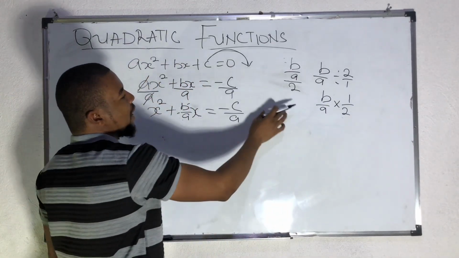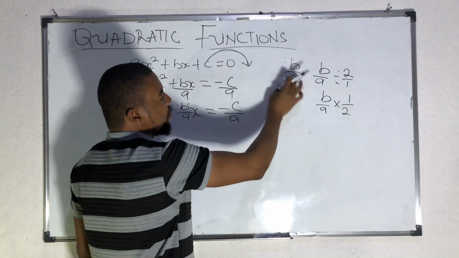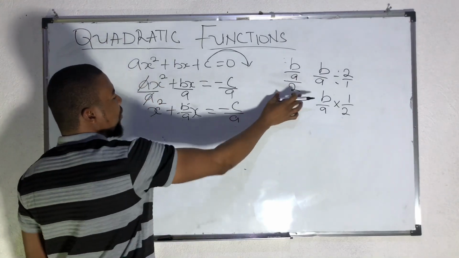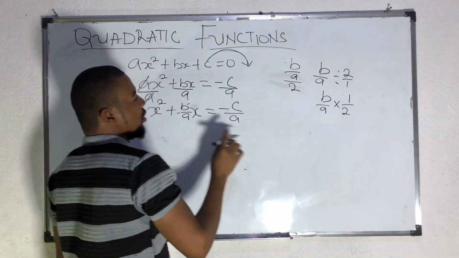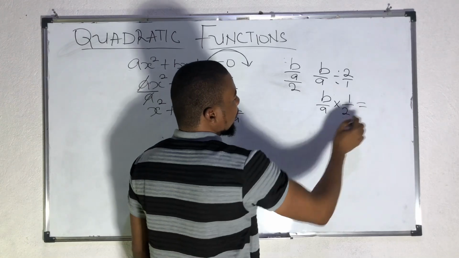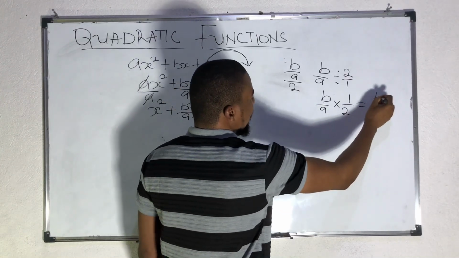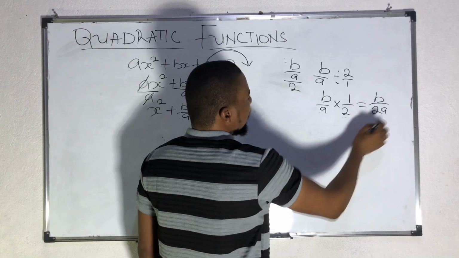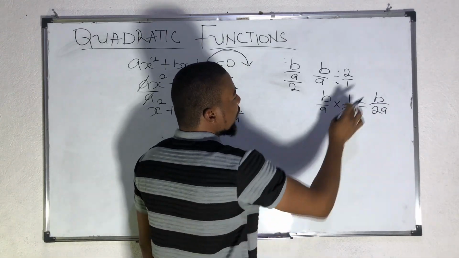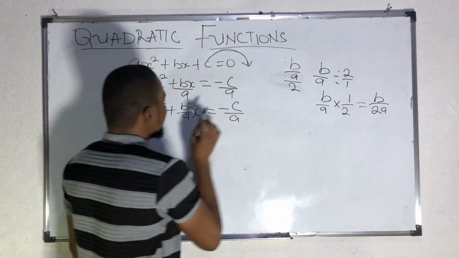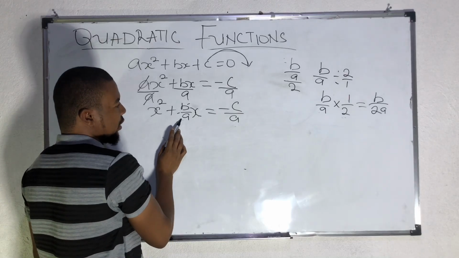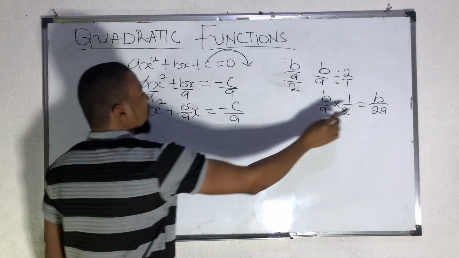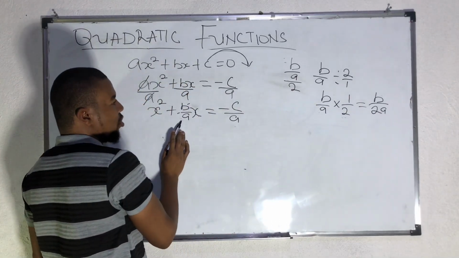Remember, we're getting half of b over a, and when we get the half, we square and add to both sides of the equation. Now, let's multiply. b times 1 gives you b, a times 2 gives you 2a. Therefore, b over 2a is half of b over a.